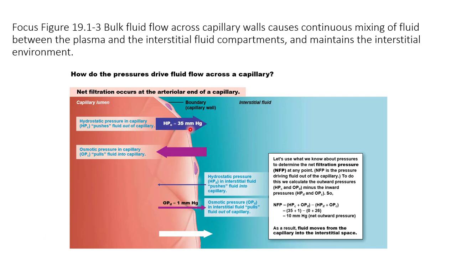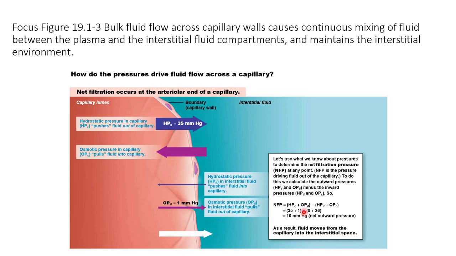It's equivalent to 35 millimeters of mercury. Then the osmotic pressure in the interstitial fluid pulls the fluid out of the capillary, and it's only equal to 1 millimeter of mercury.